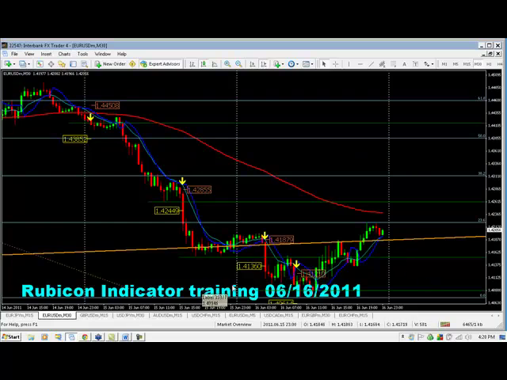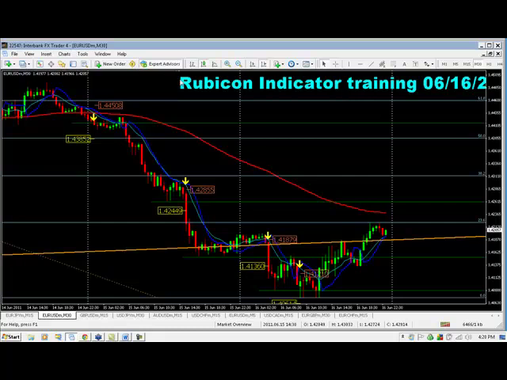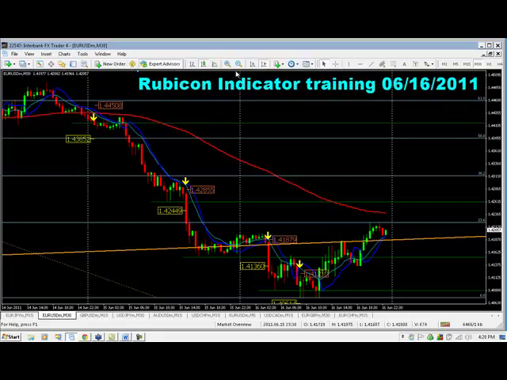And you can see down here, we reached the bottom. Let me move this Rubicon training out of the way. You can see, we reached the bottom right here.